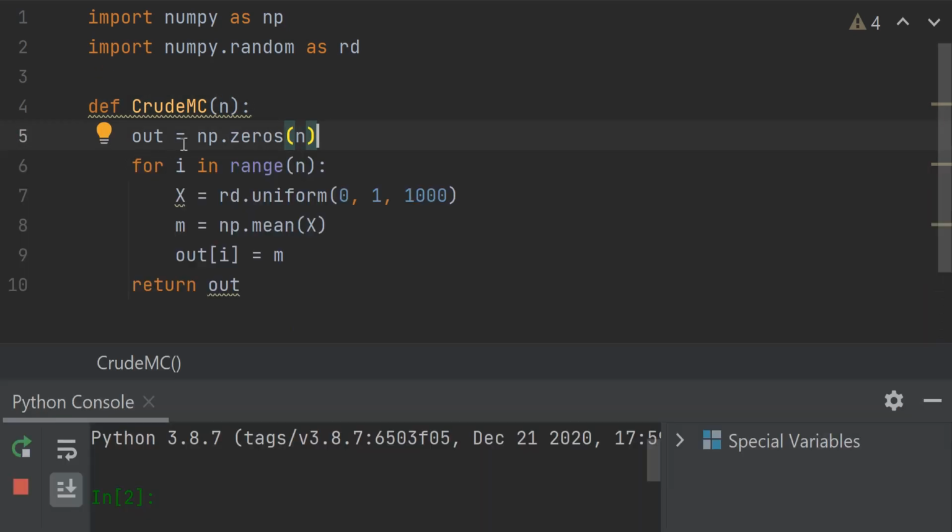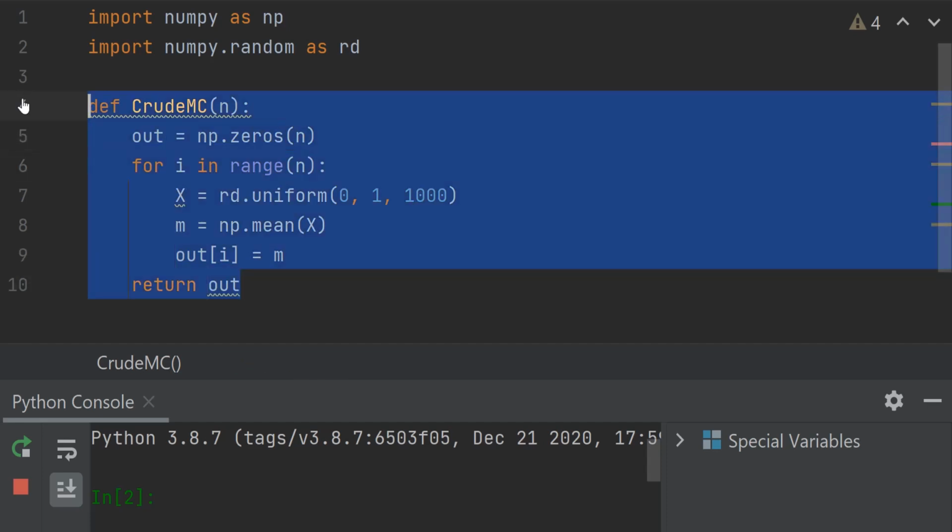Okay. So what I do here in crude Monte Carlo, I take an x, which is a vector consisting of 1,000 realizations of a standard uniform. Then I calculate the sample mean, and I add this to my out.